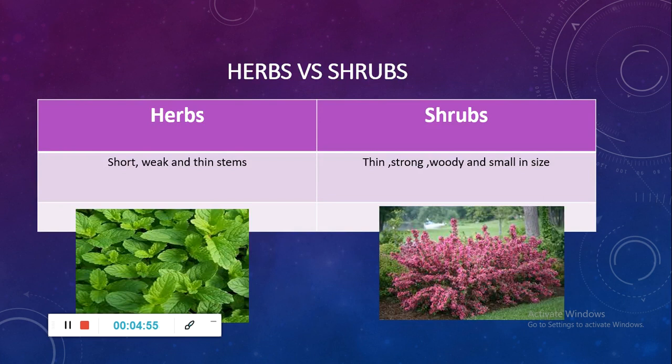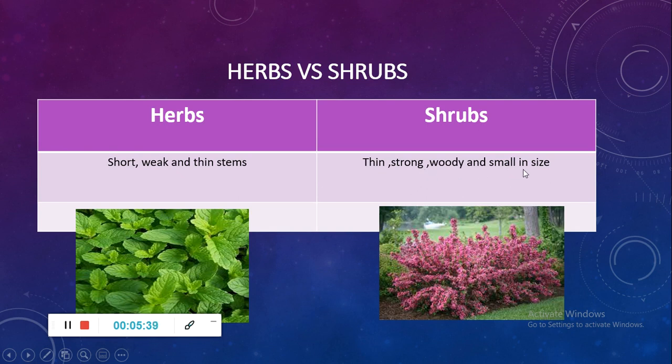Now, herbs versus shrubs. Herbs are short, weak, and have thin stems, while shrubs have strong, woody stems.